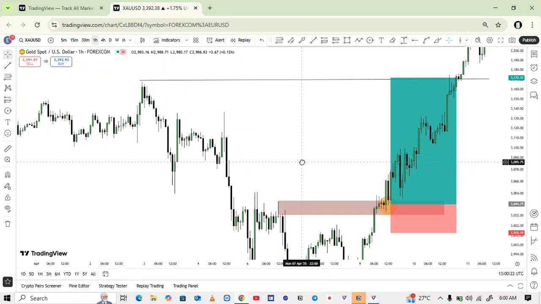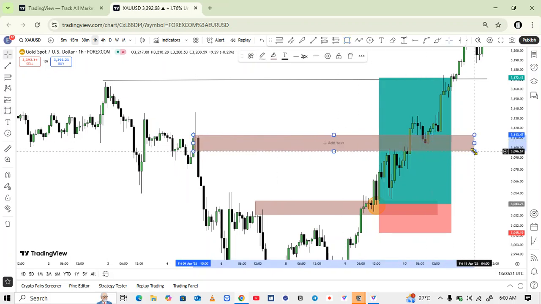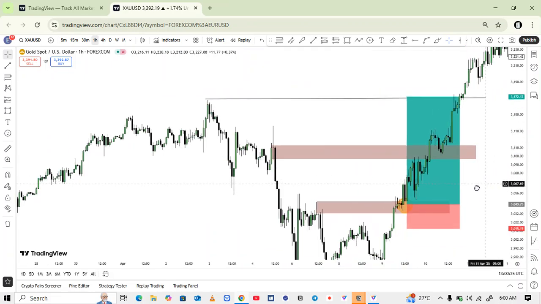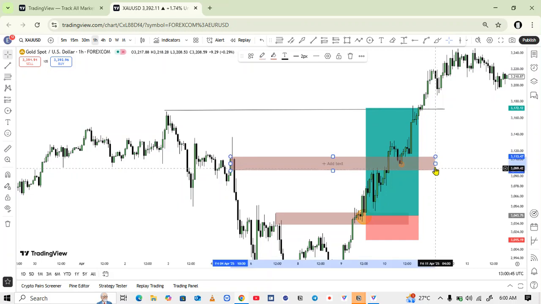And remember, as I told you guys, in the second example I gave you, this was supposed to be an order block, the second order block, where price was supposed to react from that zone. But what happened? Price came back into that reclaimed order block for the second time. You can see how price reacted from the reclaimed order block for the second time, tapped into it, and this is supposed to be another entry for us.